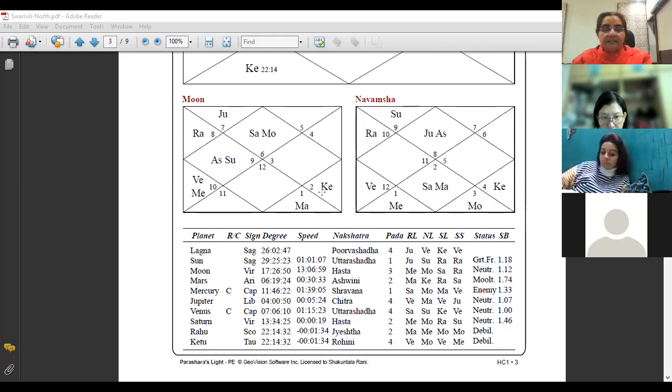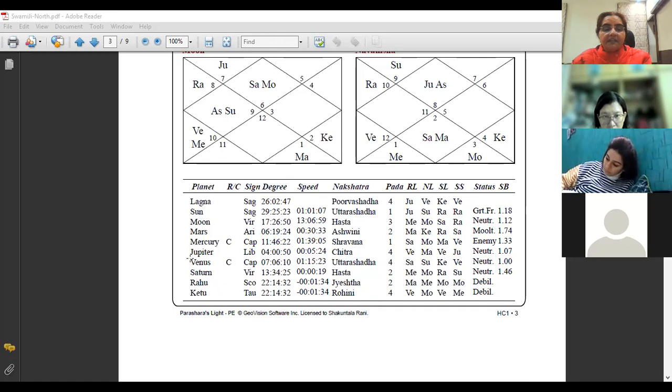Just scroll down, and here you see Jupiter is here. This is the nakshatra name, your constellation. It is Chitra. Then here it is written Rashi Lord, that is Venus, because it is in Libra. And then this is the nakshatra Lord next to it, that is Ma, that is Mars. If you go through my slides where I have mentioned which nakshatra lord is which, Chitra nakshatra comes under Mars.